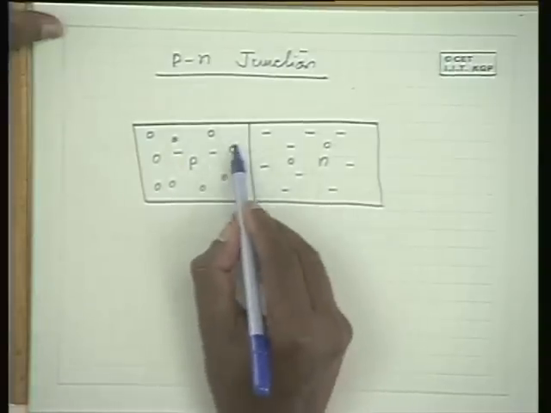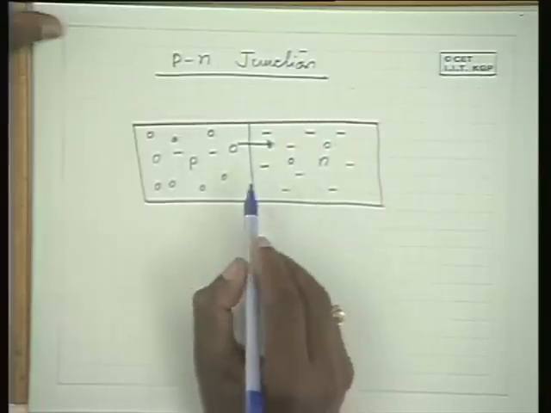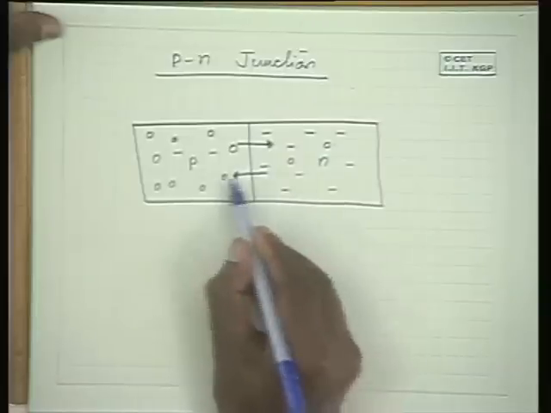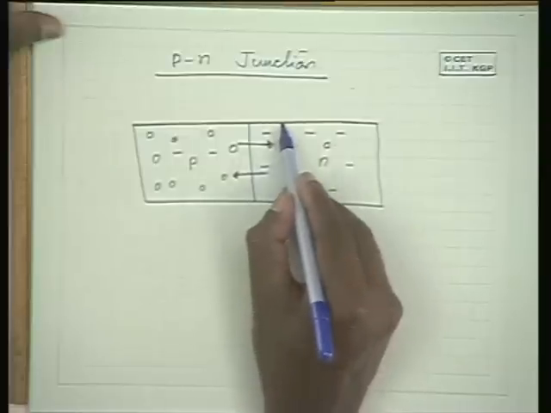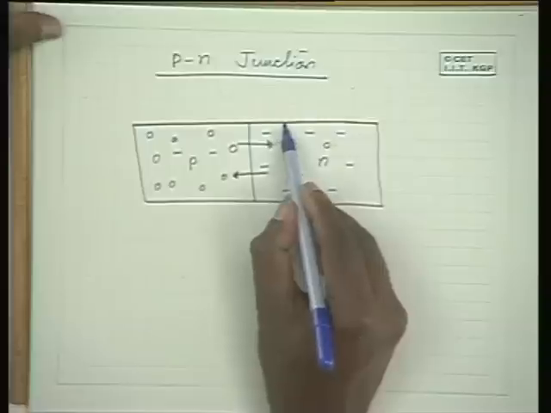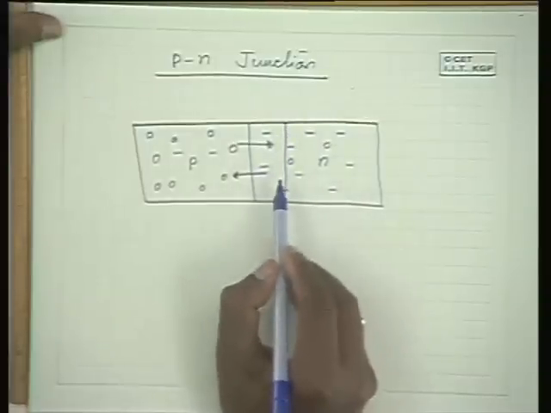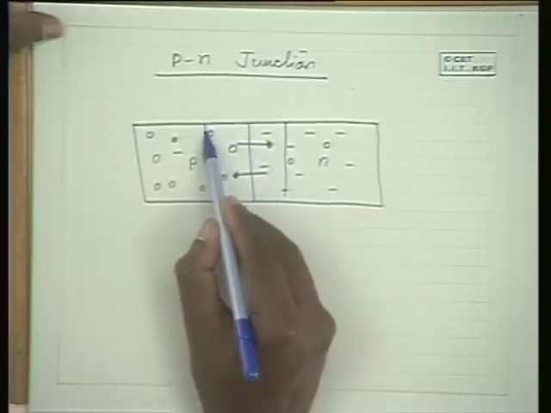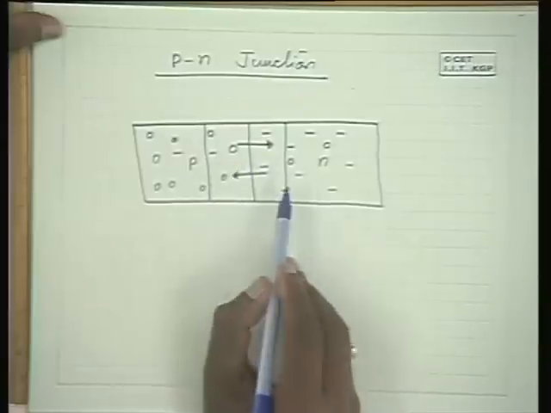Now, because of high concentration, these holes diffuse into the n-type from the p side, and the electrons diffuse into the p-type. So as a result, after a small amount of time, this side will be free of these free electrons. There will be almost no free electron left out, and there would be no free hole left out on the other side because of this diffusion.